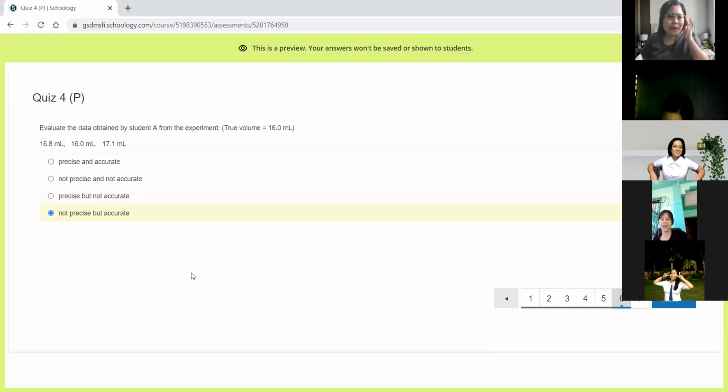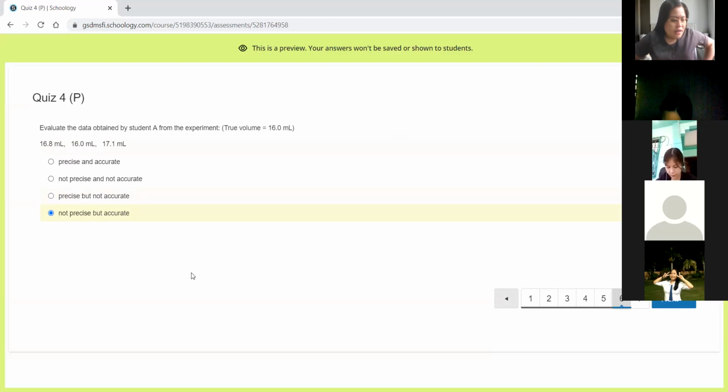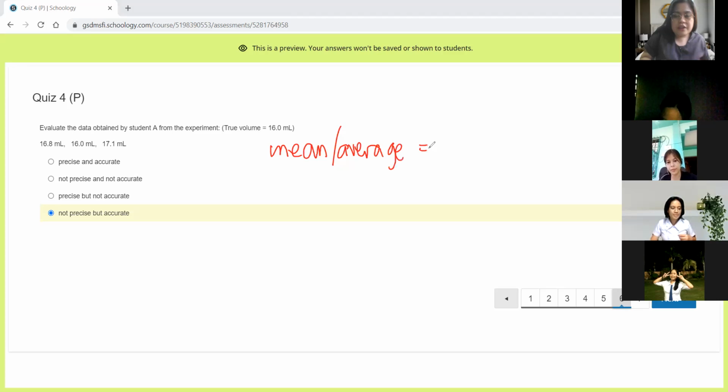So for this one, evaluate the data obtained by student A from the experiment. The true volume there is 16.0 mL. I told you to evaluate whether it is accurate or not. You get the mean, right? To get the mean or the average, you just add everything, ma'am. Okay, then we divide by 3.